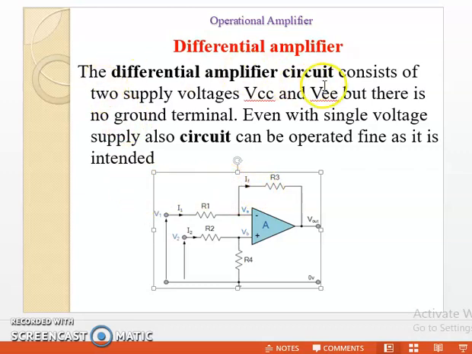The differential amplifier circuit consists of two supply voltages, VCC and VEE. But there is no ground terminal. Even with a single voltage supply, the circuit can be operated fine as intended.